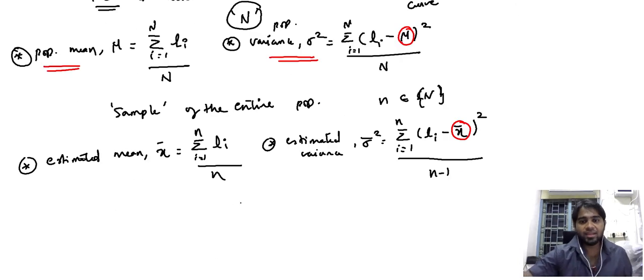Now, the reason we have n minus 1 is interesting for us to understand. It plays a wonderful role, even though it appears rather simple. It plays a huge role.